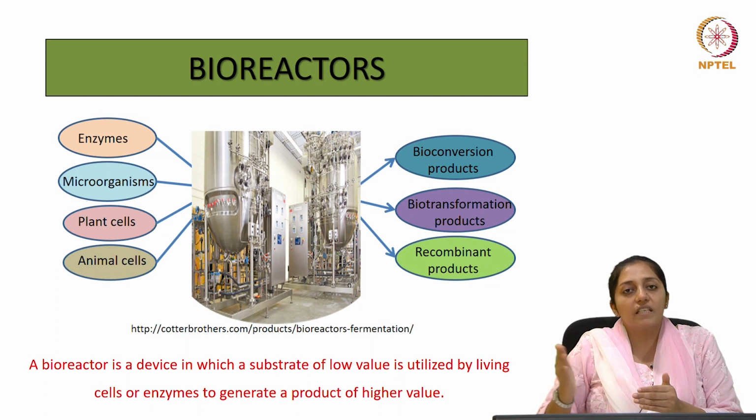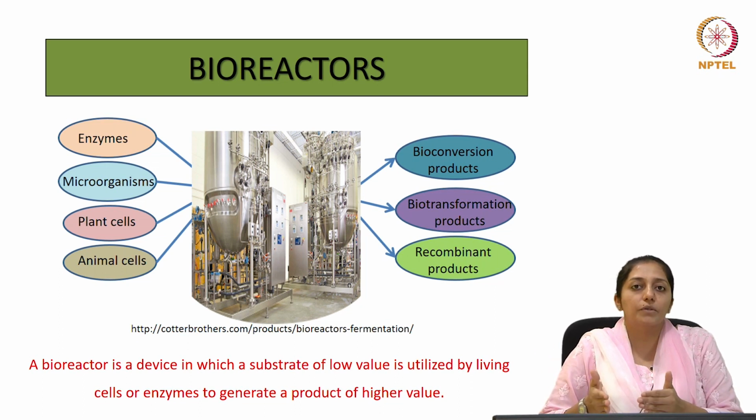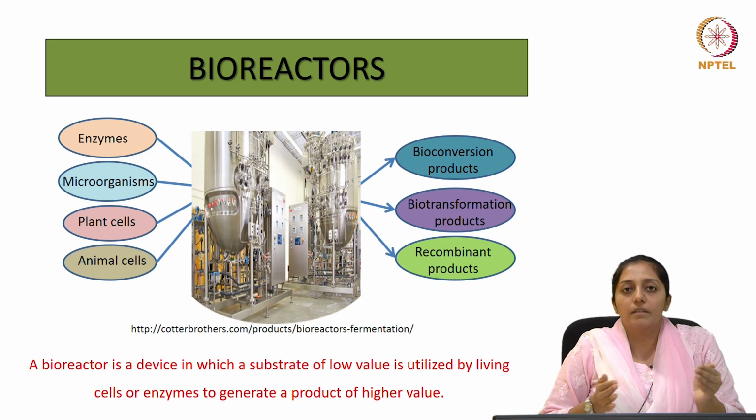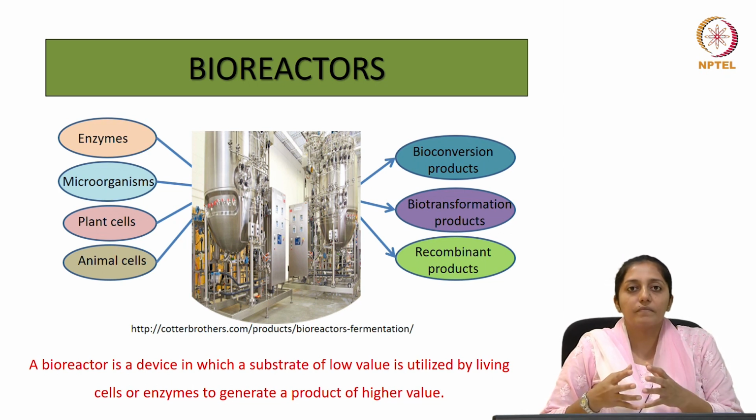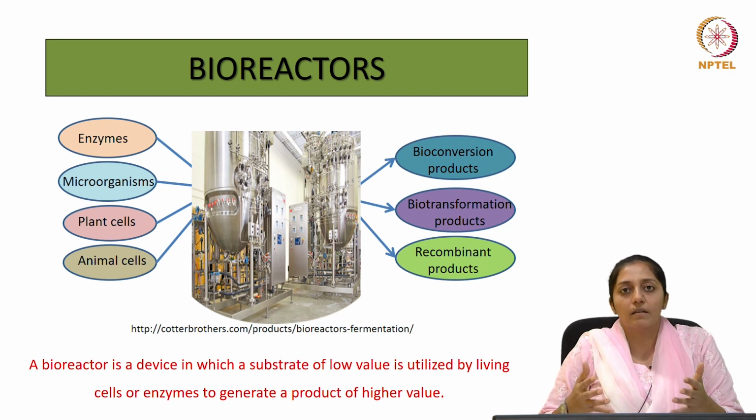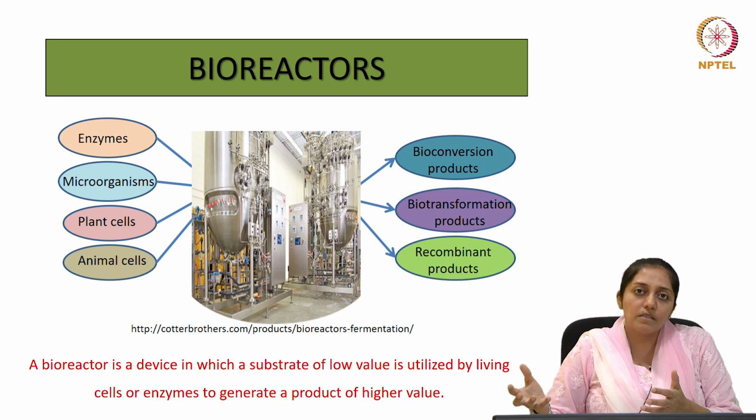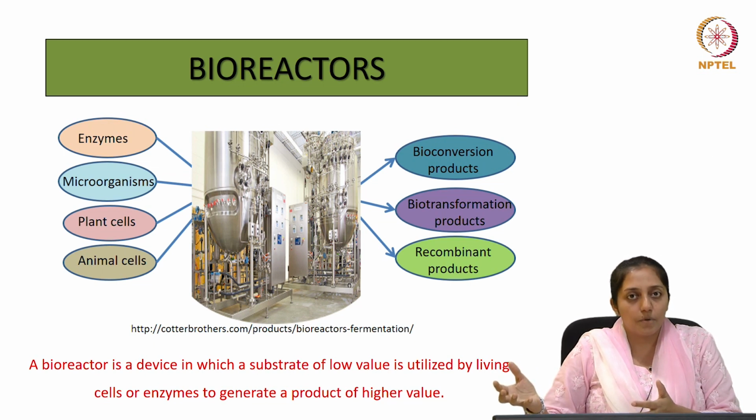So when whole cells are used, they undergo a series of reactions which are called metabolic reactions, as a result of which the substrate is converted into product. Mostly these substrates are compounds which are required for the growth and survival of the organism. And due to its metabolic reactions, or metabolism, the end products of this metabolism can be of high value to us, which we call products.